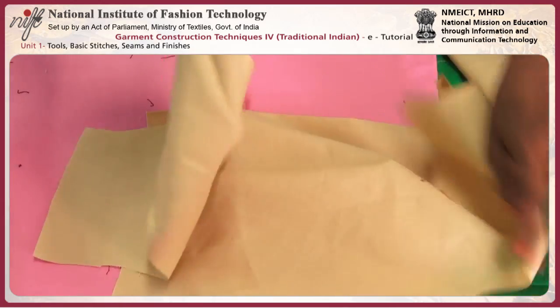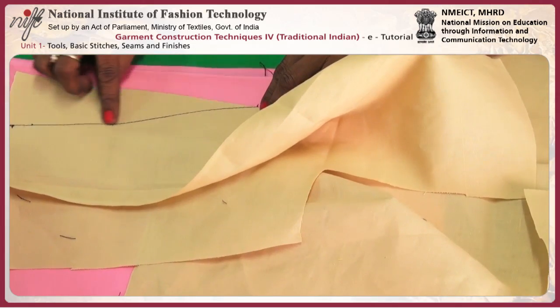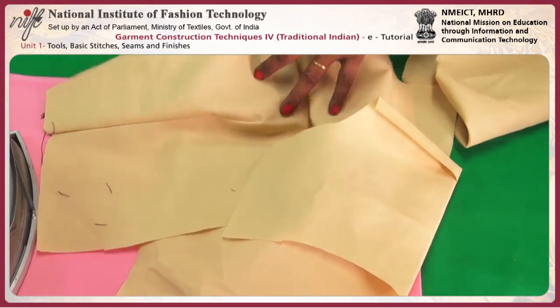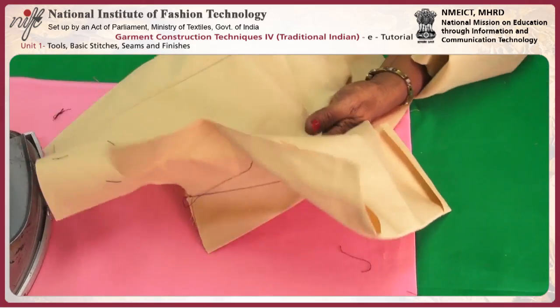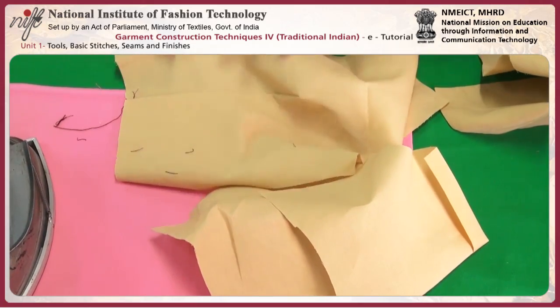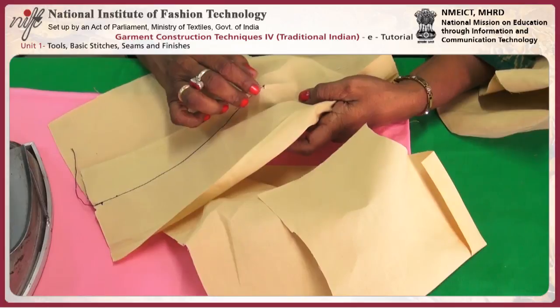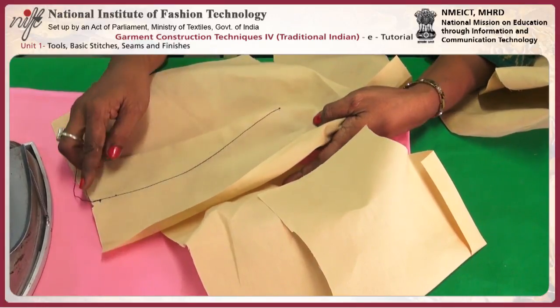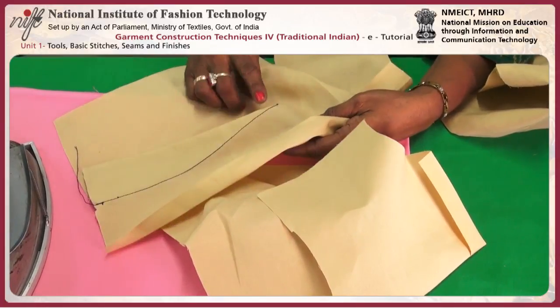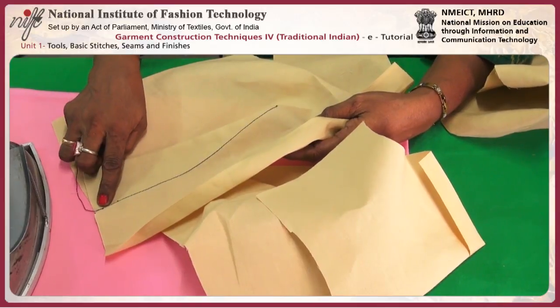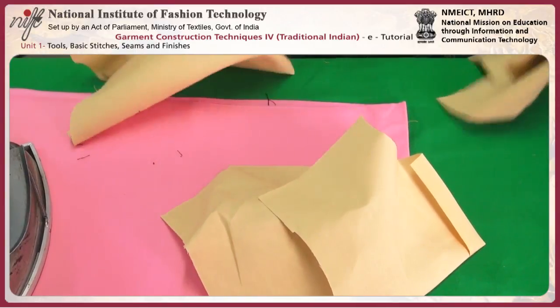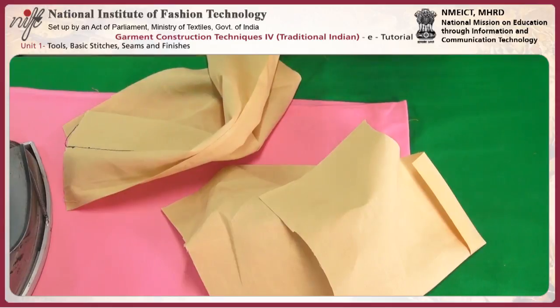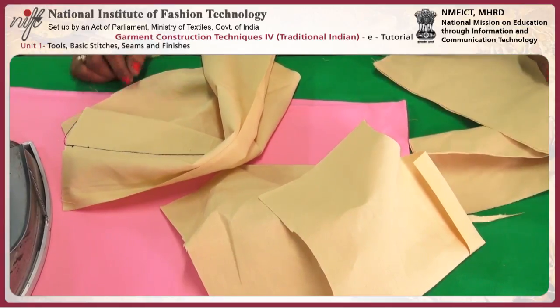Whereas this is a shaping one which has the shape over here, which gives the proper fit for the bust. At the tip of it, we should do the tailor's knot, and there should not be any back tack at the vanishing point. But we can do the back tack at the starting point because it's going into the seam allowance. At the vanishing point, it is not allowed.